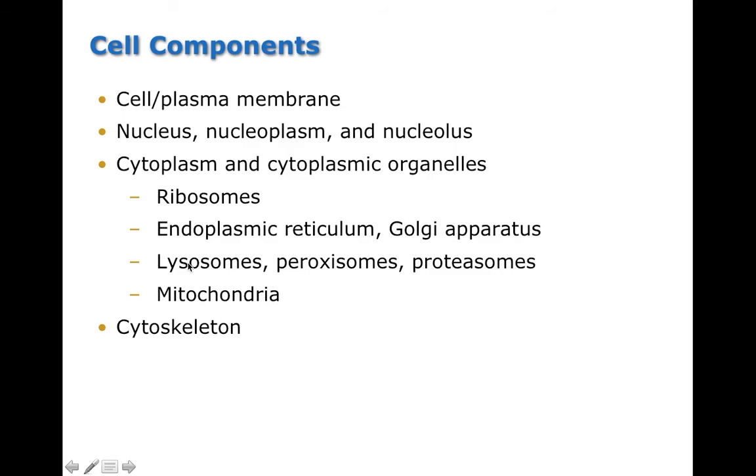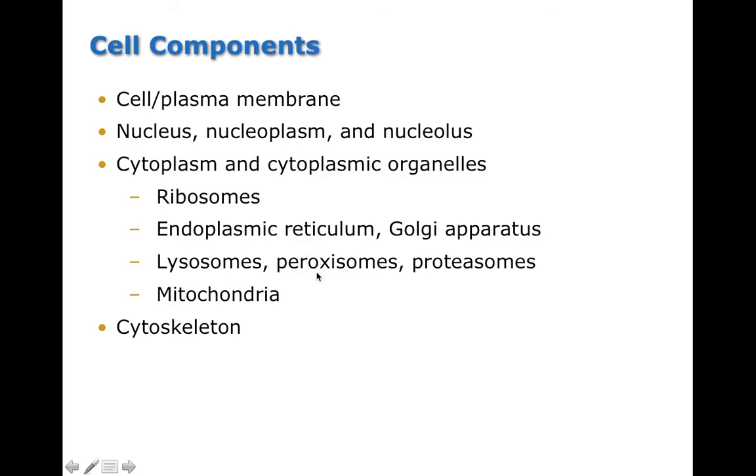And then we have things like lysosomes and peroxisomes. If you remember, lysosomes contain hydrolytic enzymes that are involved with degradation of intracellular material, but they're also involved with breaking down damaged organelles and even apoptosis. The peroxisomes also play a role with lipid metabolism and detoxification.